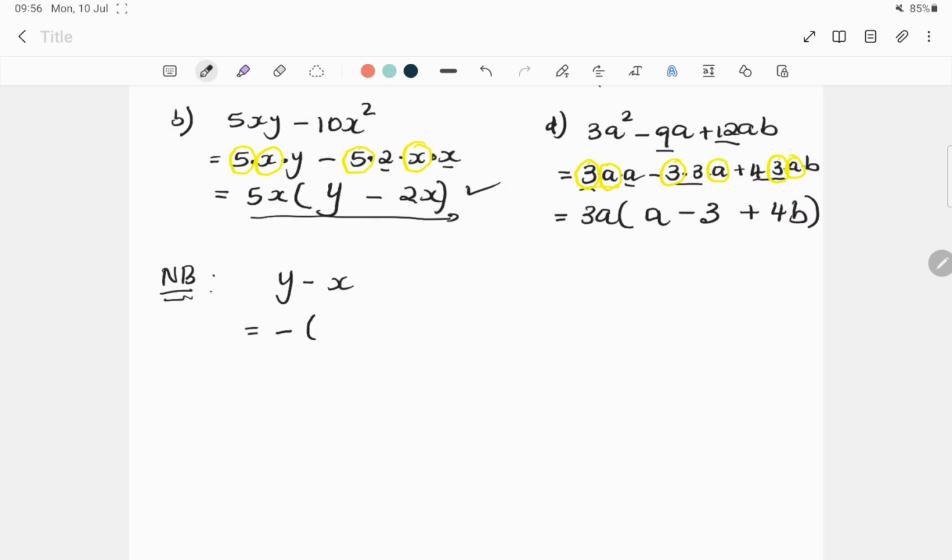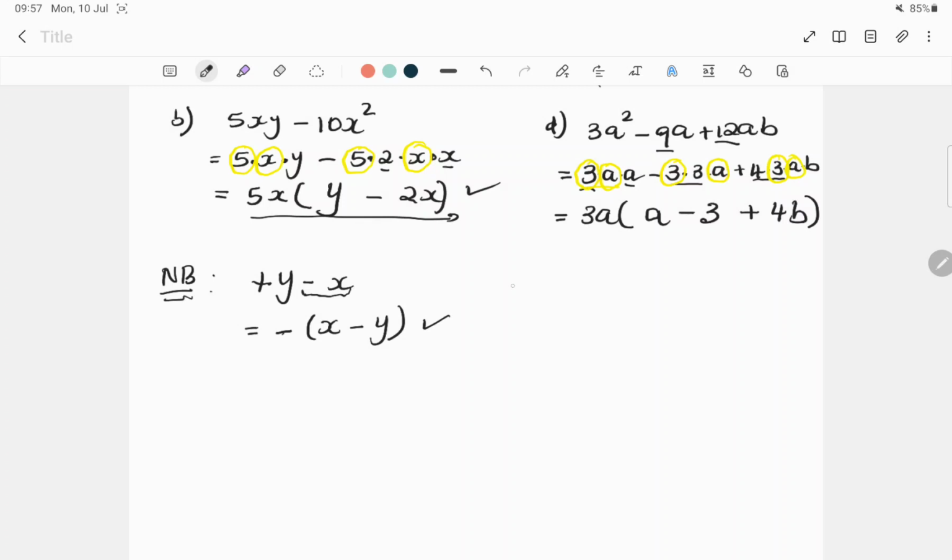Negative, then you swap these two variables. It will become x minus y, because negative times x will give you this negative x, and then negative and negative y will give you positive y. So you always take out negative as a common factor.